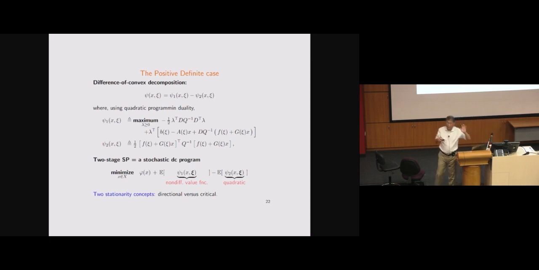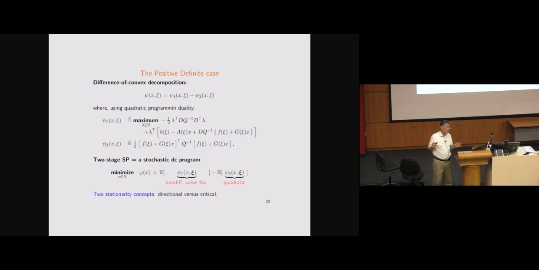So what I suggested to Anthony yesterday was that he had difficulty really dealing with the full set of results he wants with the Clarke stationary solutions. But at least for DC problems, the possibility of dealing with this kind of complexity analysis with critical points, I think, is within reach.